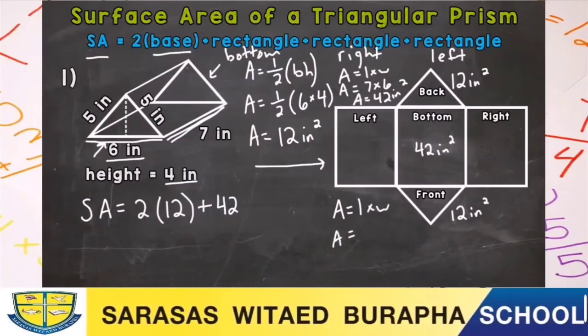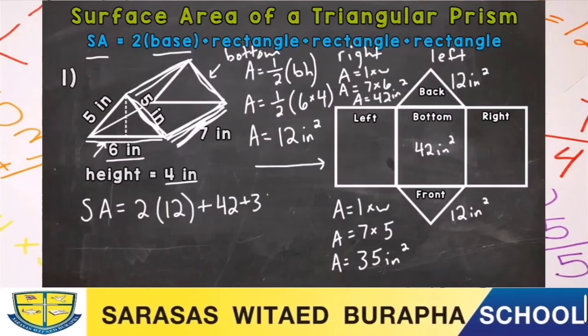So we have a length of 7 and a width of 5 here. If you're having trouble picturing the rectangle, it's this right rectangle here. So 7 times 5, or if you did 5 times 7, you'll get the same answer either way. So area equals 35 square inches.